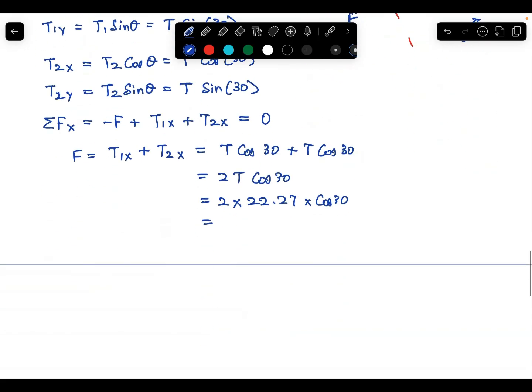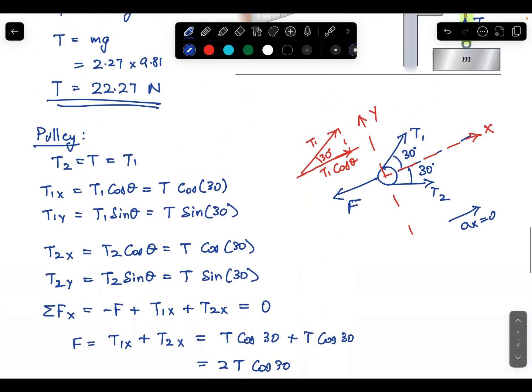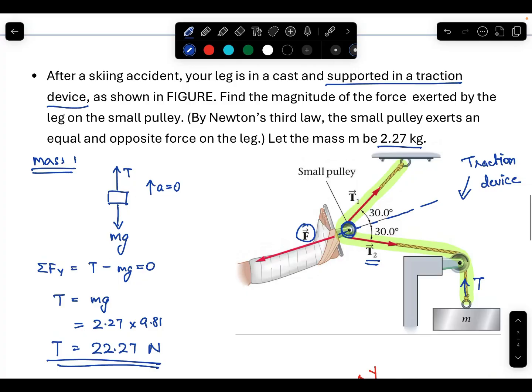So my calculator tells me the value is 38.57 newtons. So that's the magnitude of the force exerted by the leg on the small pulley.